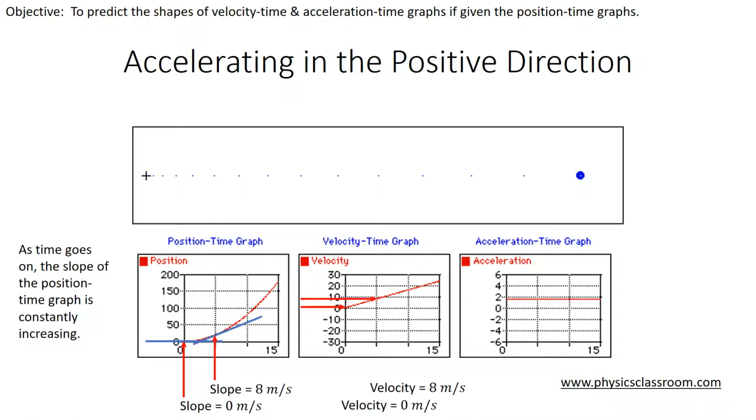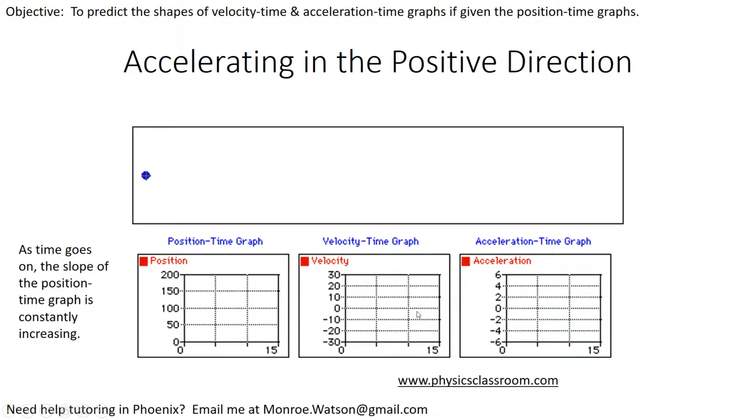My slope gets higher and higher, and as my slope gets higher and higher, my velocity gets higher as well. Here I've got a 0 slope, 0 velocity. 8 slope, 8 velocity. 17 slope, 17 velocity.